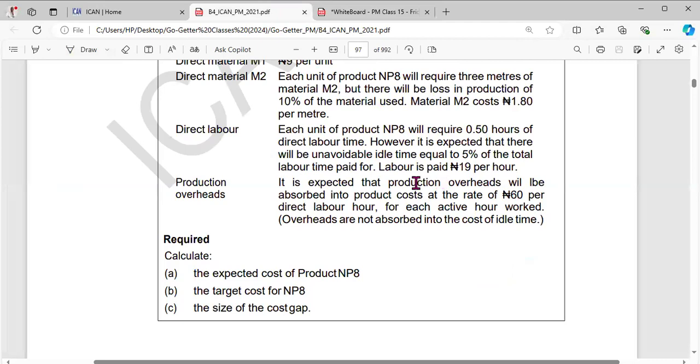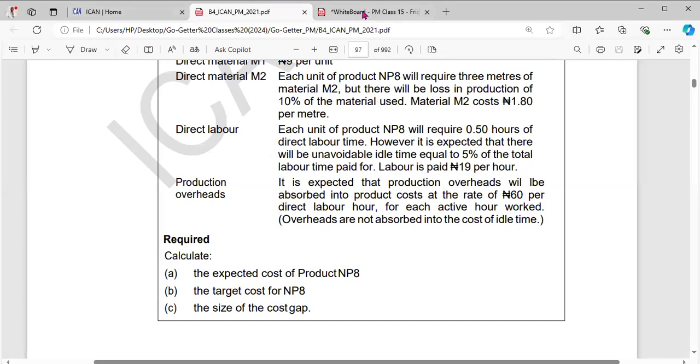Then the next thing here to do is production overhead. It is expected that the production overhead will be absorbed into the product at a rate of 60 naira per direct labor hour for each active hour worked. Overhead is not absorbed into the cost of idle time.